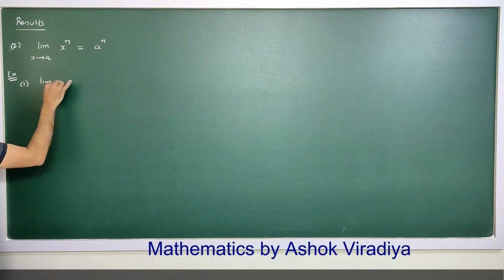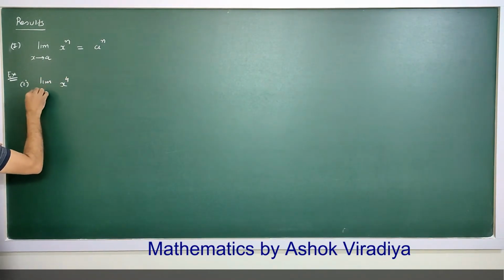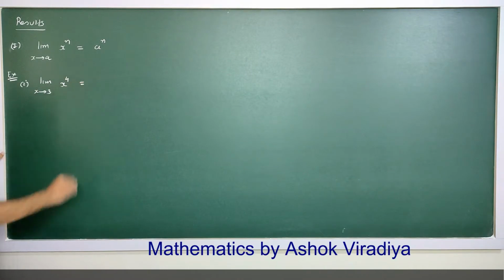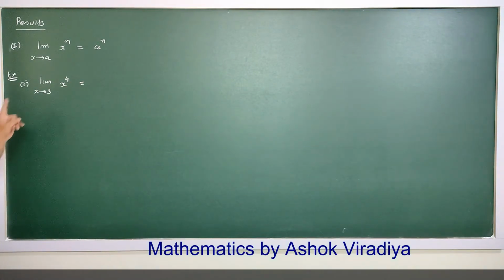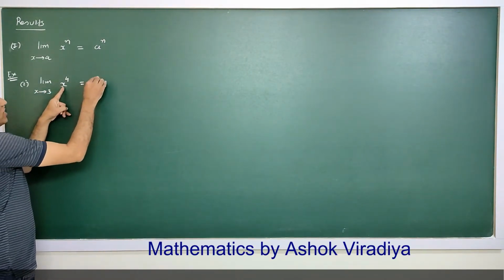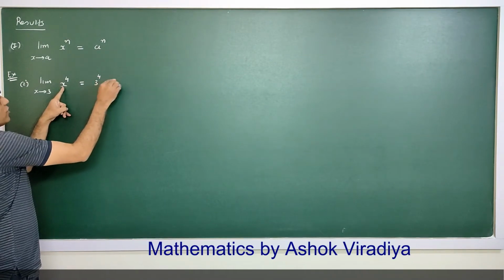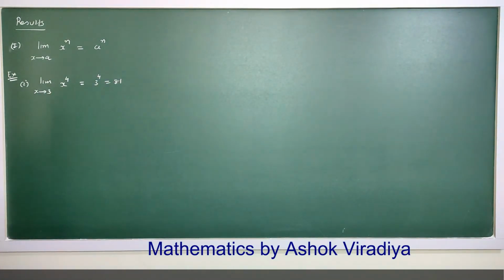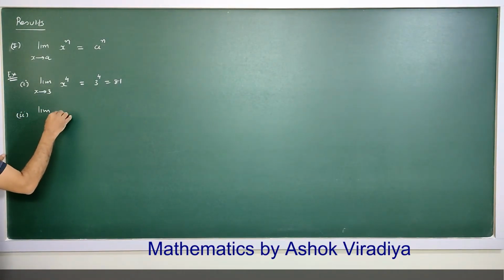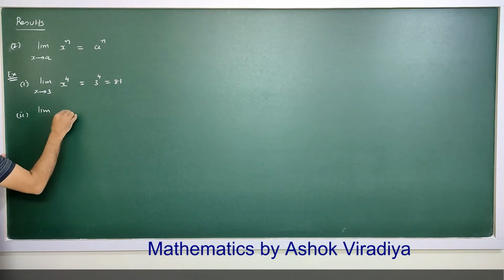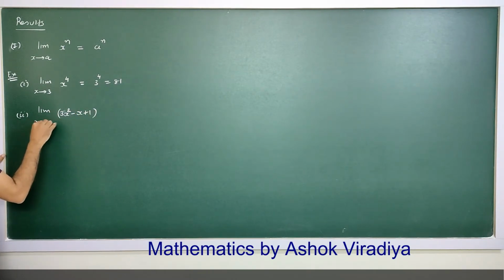Limit of x raised to 4, x tends to 3. So replace x by 3, so this is 3 raised to 4. So it is 81. Second, limit of 3x square minus x plus 1. This is a polynomial function.